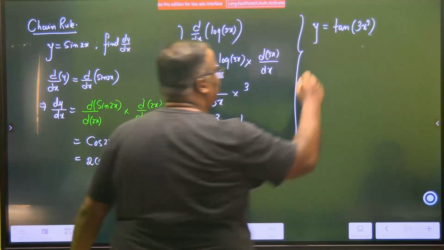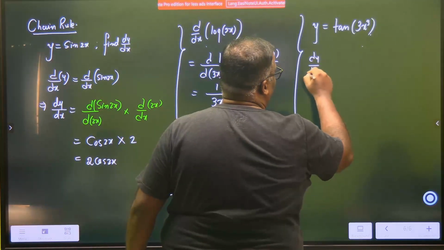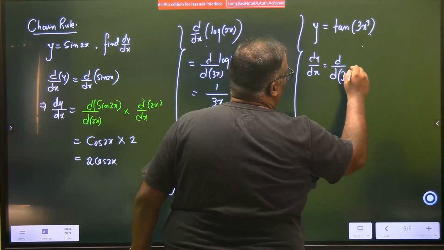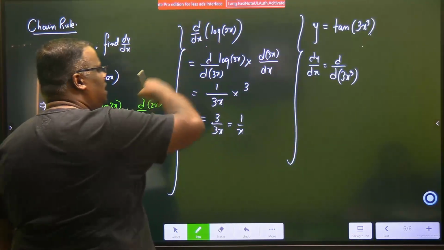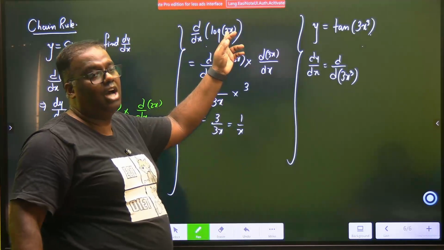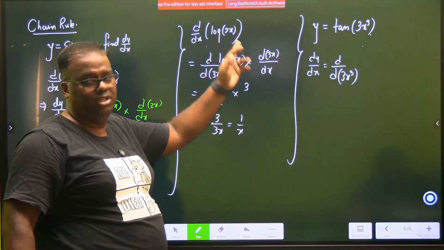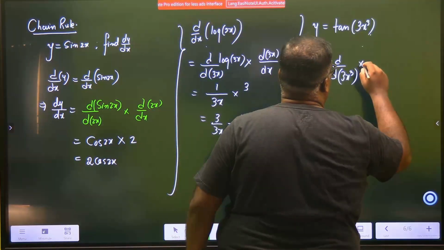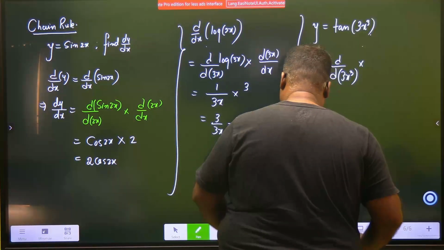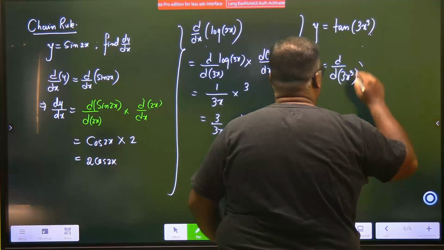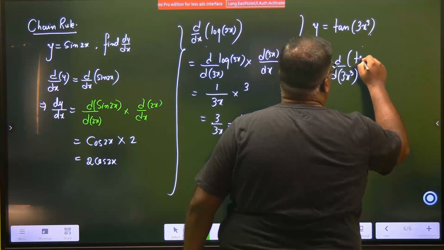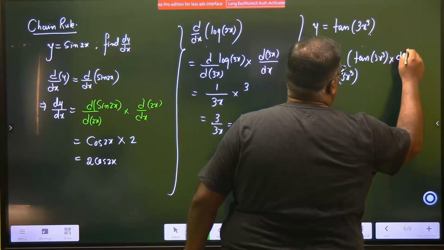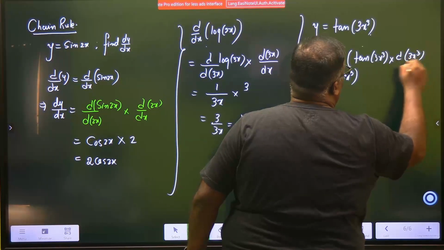So how will we write it? We will write dy by dx is equal to d(3x cube). Whatever is the angle, just bring the angle. In log, we call it the argument. Just bring the angle. And now you put the same function, 3x cube, and multiply the angle's derivative by dx.